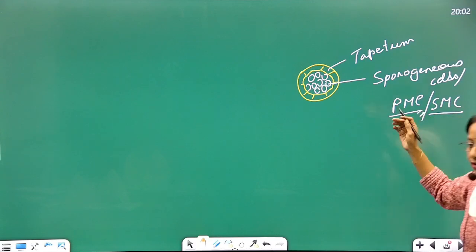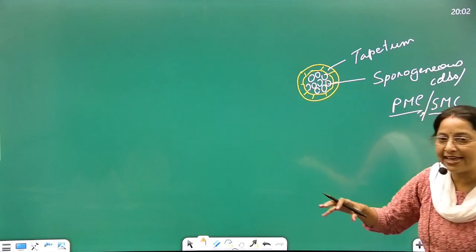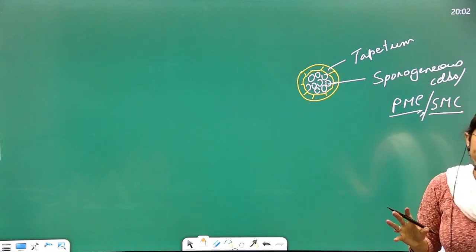Pollen mother cell. So now we understand that each and every cell has the capacity to form pollen grains, right?